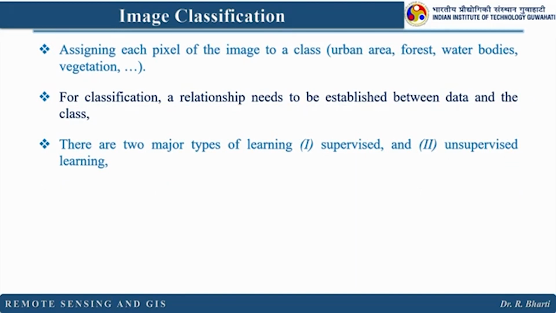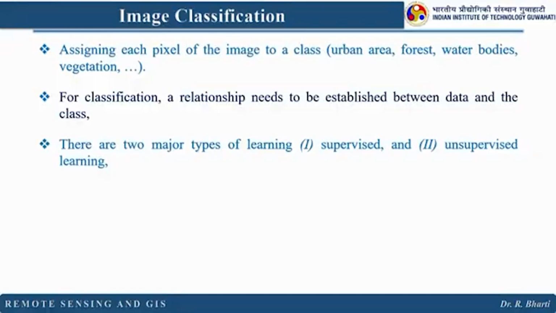So there are two major types of learning technique. First one is supervised and second one is unsupervised. I hope you remember the examples of my previous lecture like cooking, driving, solving a mathematical problem. These are problems which can be learned either in a supervised manner or in an unsupervised manner.